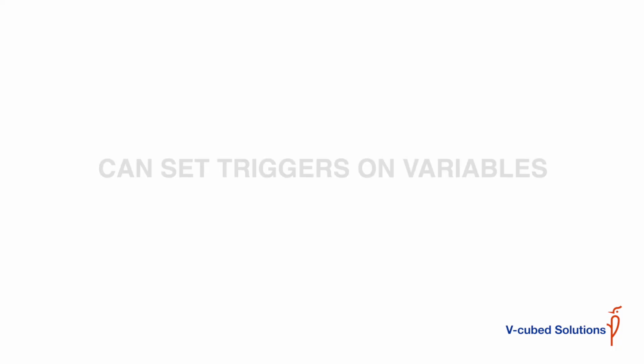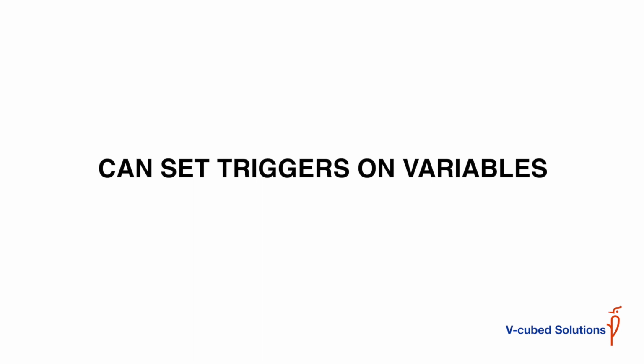The last thing it can do in terms of helping with timing analysis is you can set triggers on variables themselves. So if a variable exceeds a certain amount, it's a similar feature to the timing one. You have control so that if variables exceed a certain amount, it should flag that, in addition to the times, where it will flag all deadline misses.